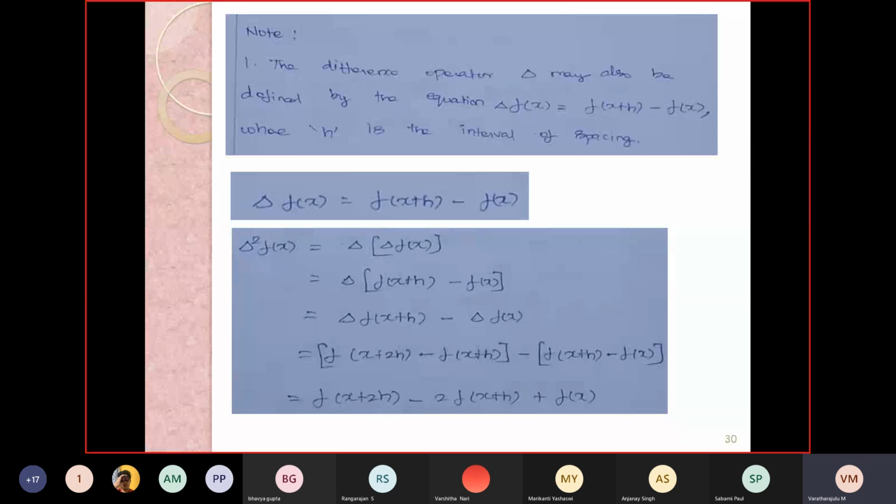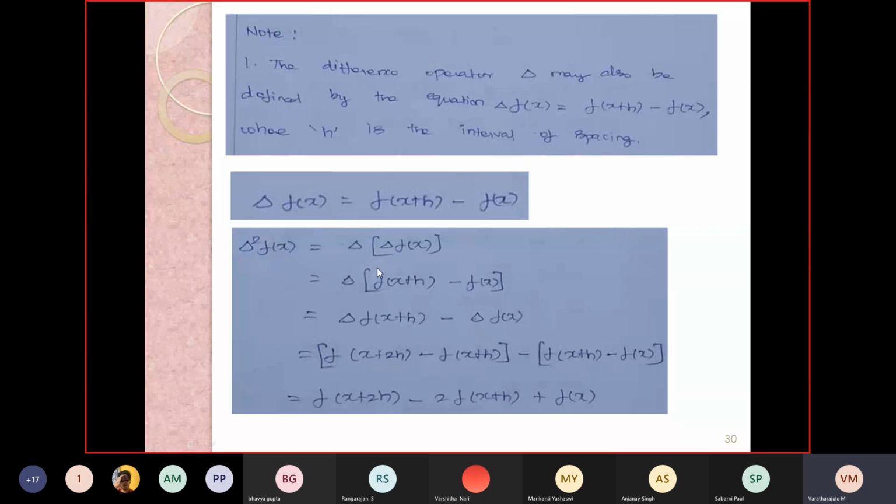The second difference of f of x is equal to delta into delta f of x, and let delta be outside. Instead of delta f of x, we can apply f of x plus h minus f of x, and delta can be multiplied with both the terms, that is delta f of x plus h minus delta f of x.